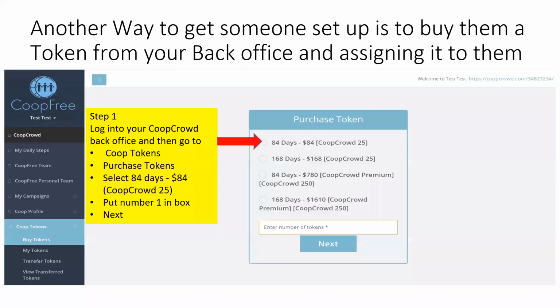Another way you can get John started is that he can go through the first stages, where he puts all his information in and gets to the invoice. Then you can go into your back office and purchase John a token by going to co-op tokens and buy tokens, and then you select the $84. You'll put in the number 1, and hit the button next.